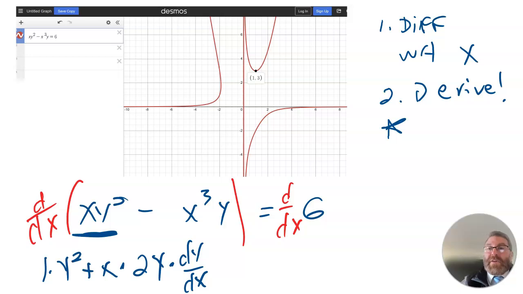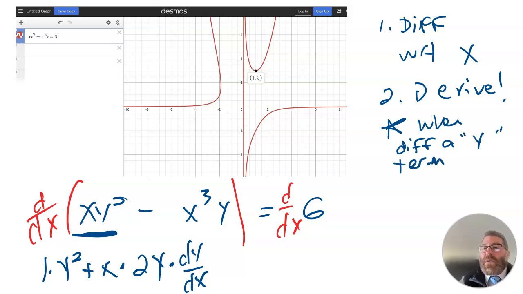So when we come to a y term, we treat that like an inner function and chain rule it. There's a times y prime at the end by the chain rule. Here's my chain rule step.